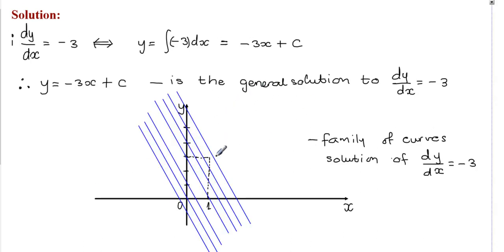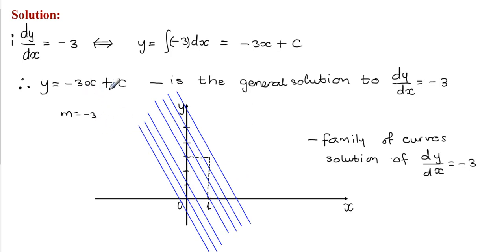Now, taking that family of solutions and representing it graphically, which you must be able to do, you will see that this is a line of gradient minus 3. Now our gradient m is equal to minus 3. So all these lines, if you can see, are parallel, so their gradient is minus 3.